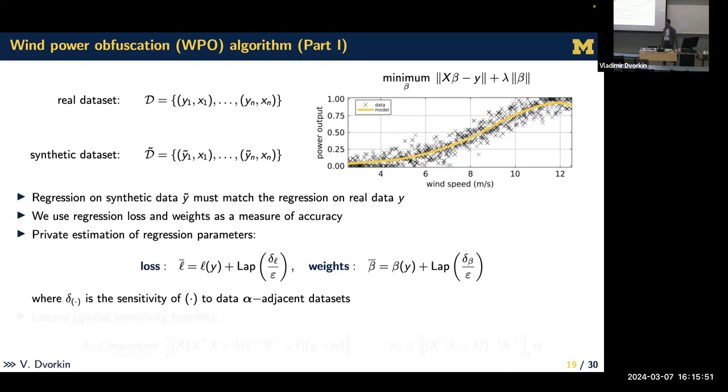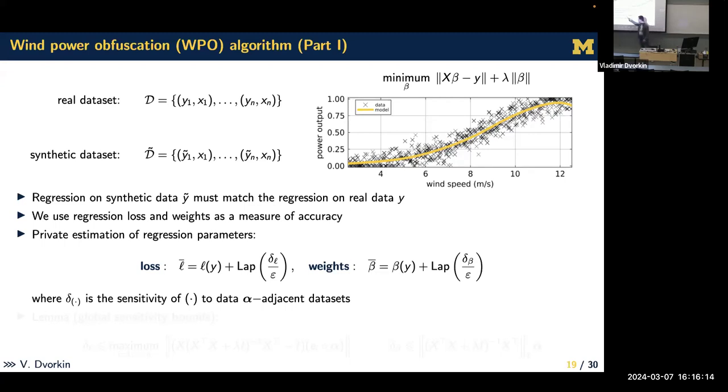Yes, there will be. So basically, we take a data set, perturb it, and then use optimization-based post-processing to restore important properties. Here we have a fixed regression model, and we would like the regression weights on the real data and synthetic data to be similar.